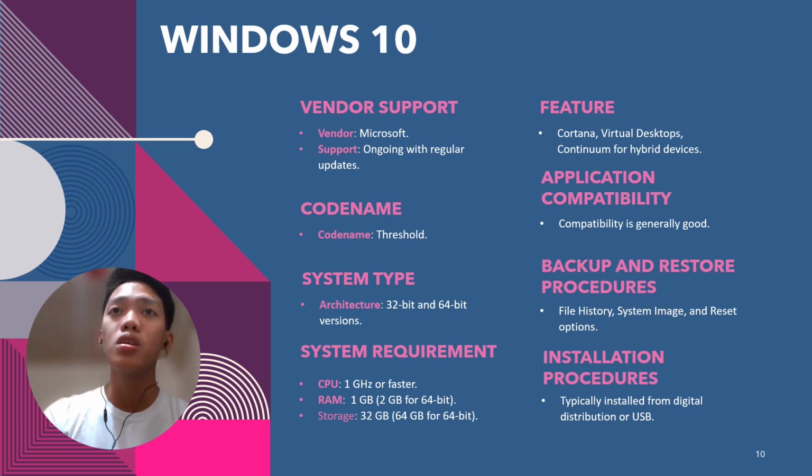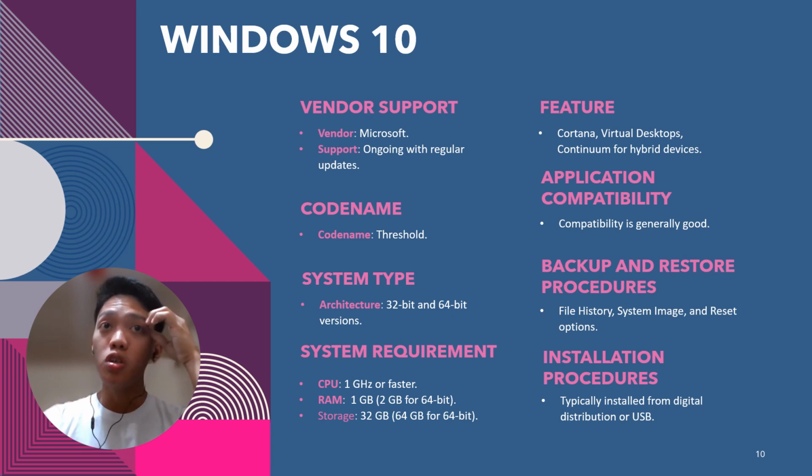range of hardware configuration. CPU 1 GHz or faster, RAM 1 gig or 2 gig for 64-bit, storage 32 gig, 64 gig for 64-bit. The system requirements reflected a balance between performance and accessibility, ensuring Windows 10 could run on a variety of devices.